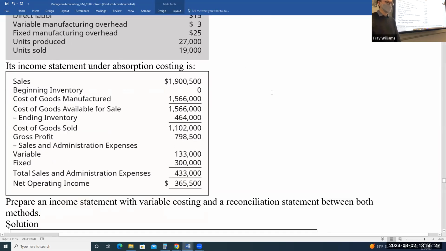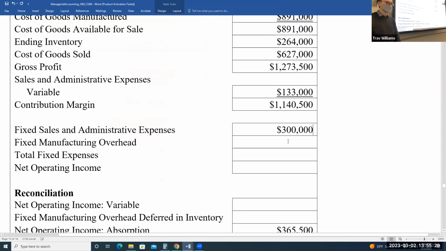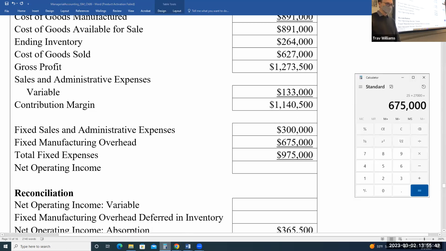So $675,000. So what we're going to do is add the fixed sales and administrative plus the fixed manufacturing costs to get a total fixed costs. And then we can subtract that from our contribution margin to get our net income.